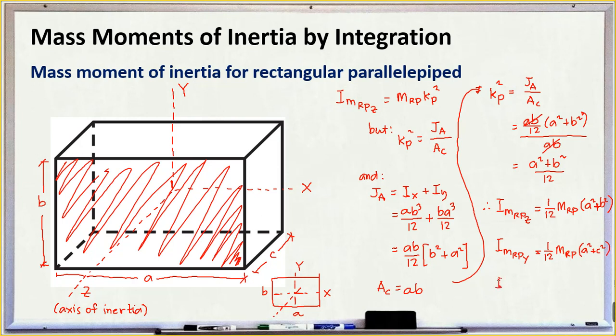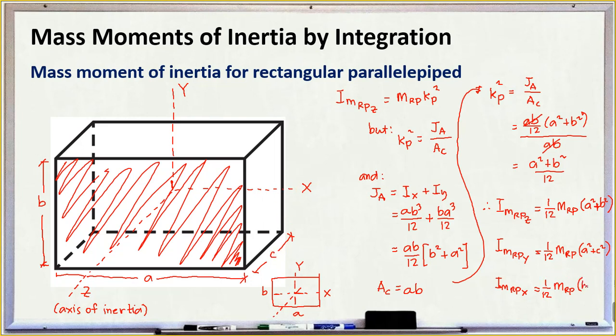And how about for the mass moment of inertia of this rectangular parallelepiped along the x-axis? Still 1 over 12 times the mass of the rectangular parallelepiped, and the sides involved for the cross-sectional area perpendicular to the x-axis are c and b.